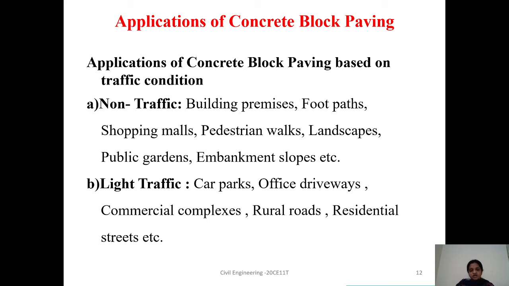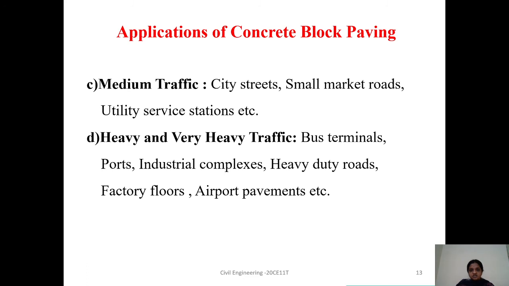Light traffic, car parks, office driveways, commercial complexes, rural roads, residential streets, etc. So in these areas, the concrete paving blocks are used. Medium traffic, city streets, small market roads, utility service stations, etc. Heavy and very heavy traffic, bus terminals, ports, industrial complexes, heavy duty roads, factory floors, near tolls, and in airport pavements.